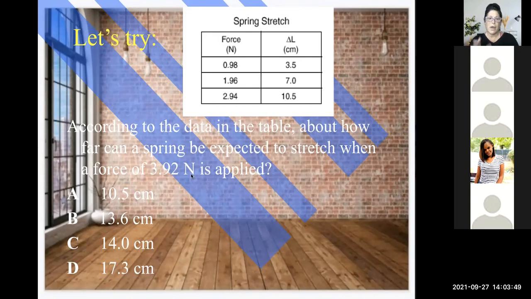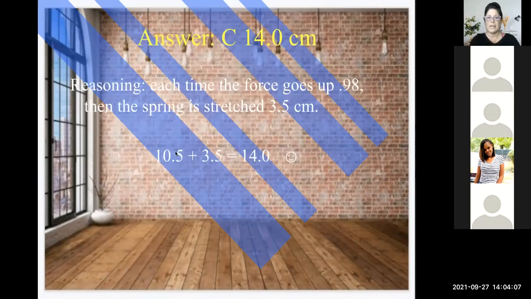A couple of other things that we can do is we can add these together to see if they end up adding up to one of our known units, or I'm sorry, subtracting. So in this particular case, we're going to add 10.5 plus 3.5. And why are we doing that?